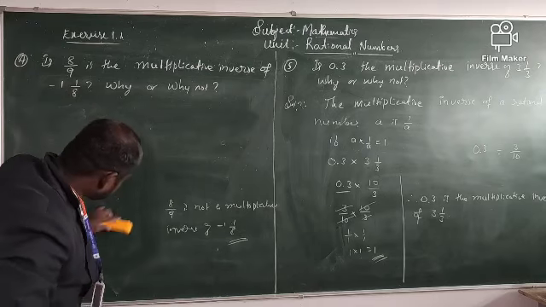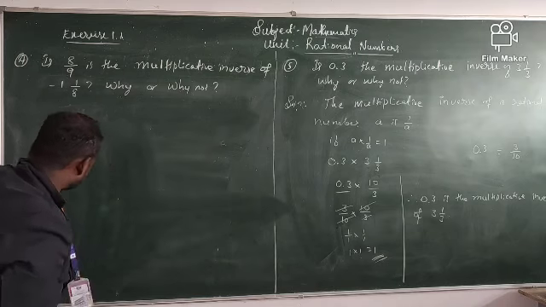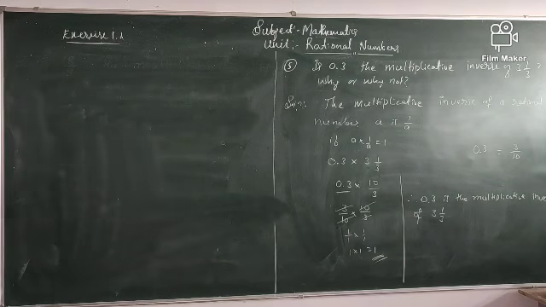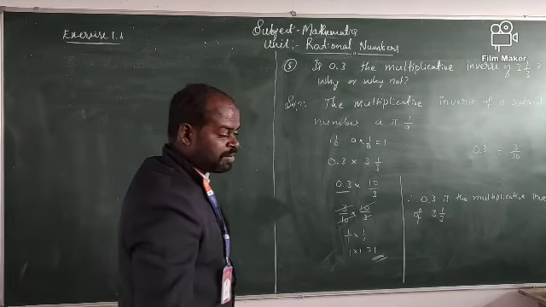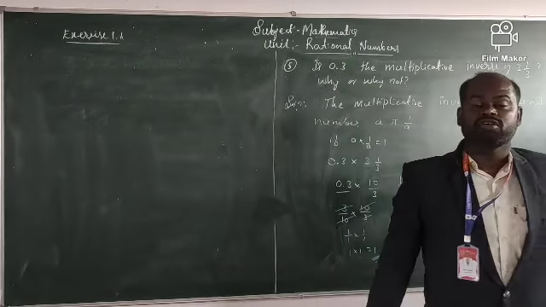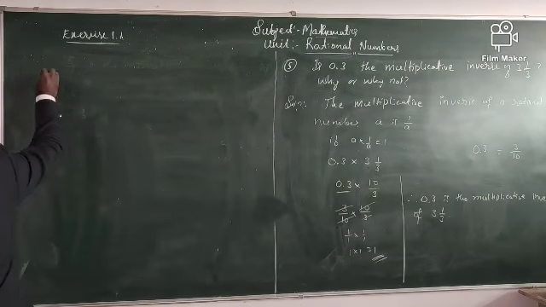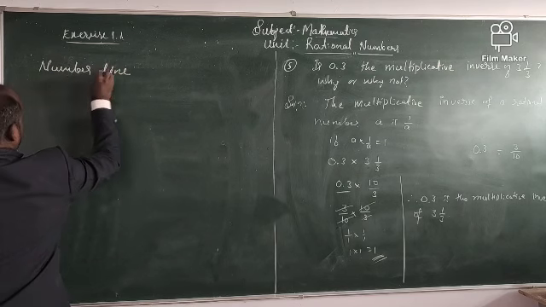Before going to that, first let us understand number line, how to represent numbers on a number line. Especially in this lesson we are going to represent rational numbers on a number line. First, number line. What is a number line?